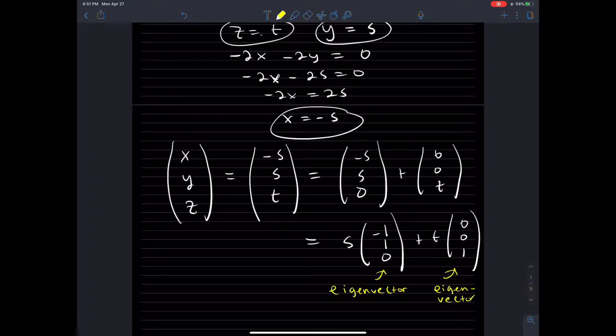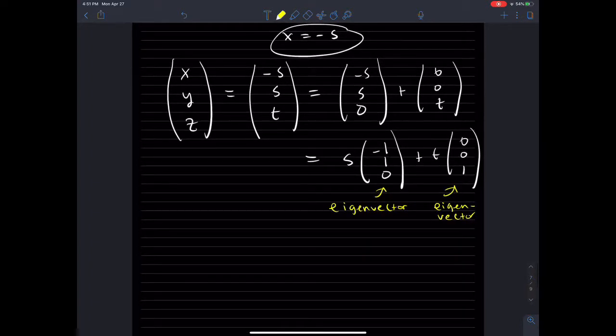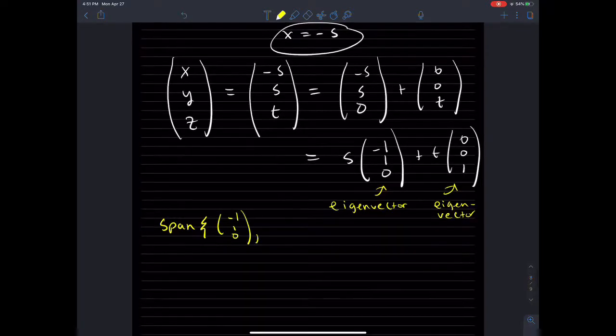So how do I write that? We can say the span of minus 1, 1, 0 and 0, 0, 1 spans the eigenspace for 5.